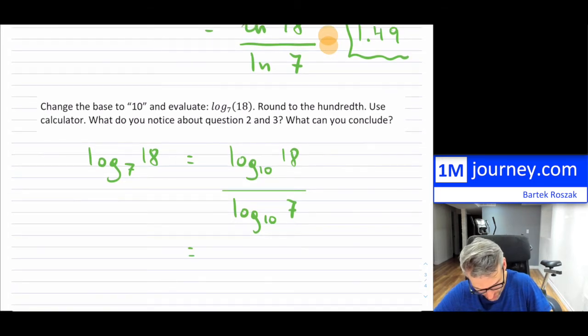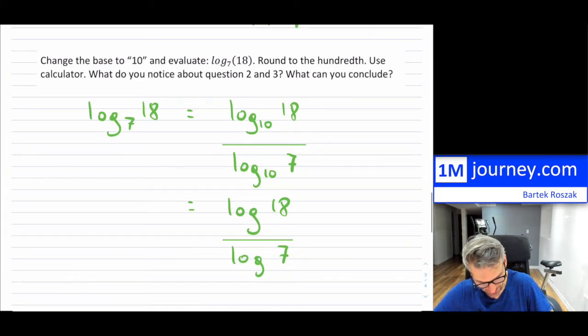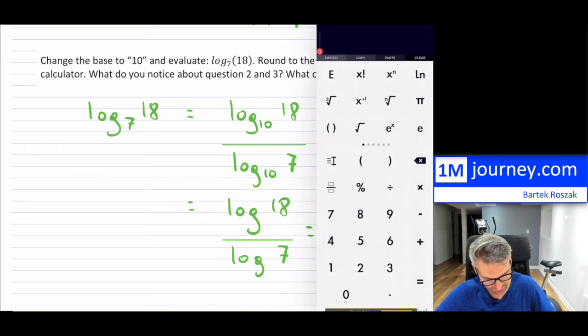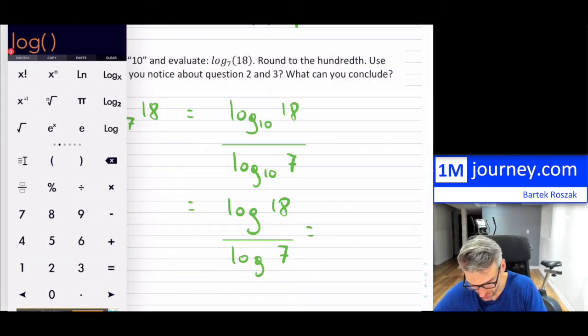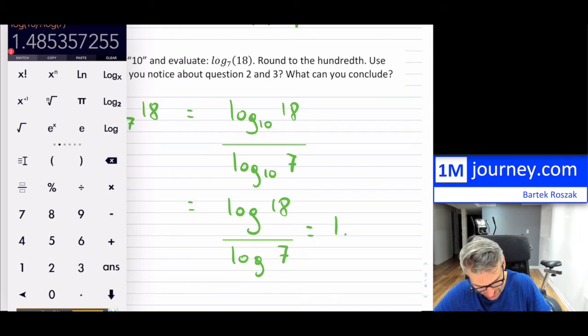But of course, we don't have to write the base, because we know that log is base 10. And this should not surprise you: log 18 divided by log 7, which is exactly the same thing.